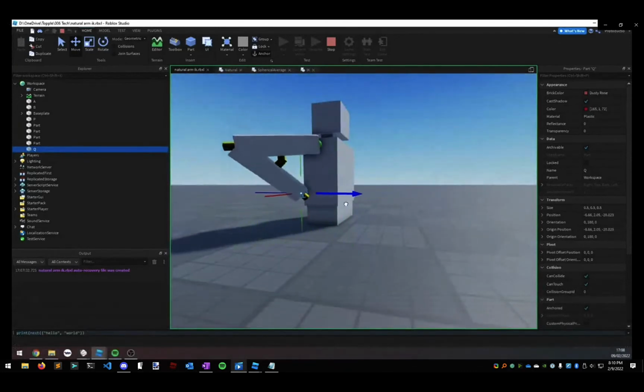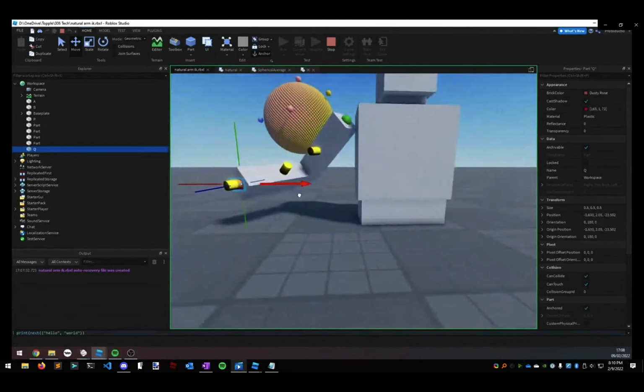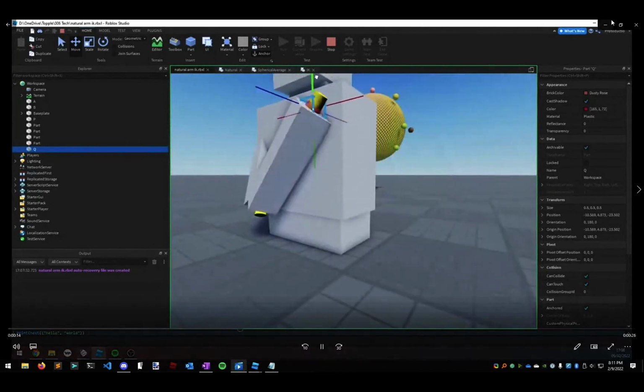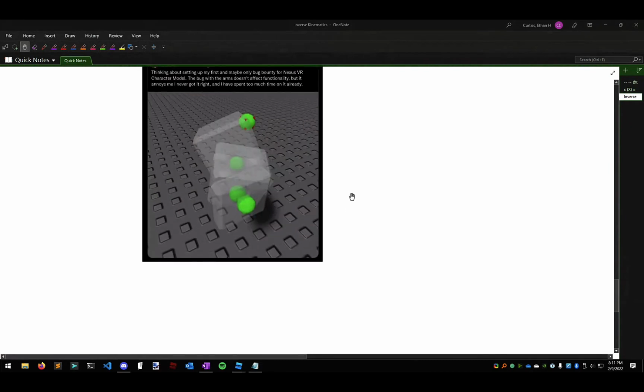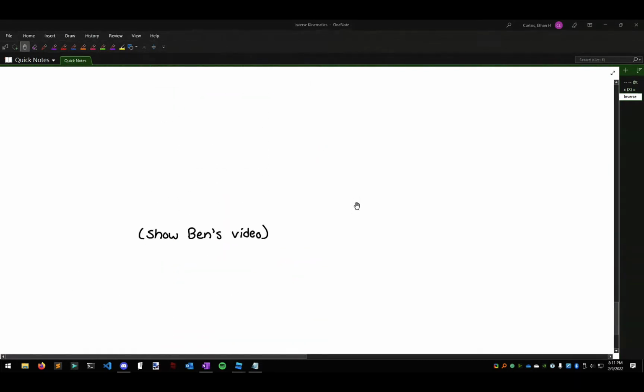So this looks pretty good. Yeah, he and I actually came up with kind of the same idea, but he has actually implemented it faster. So we'll see who wins there.